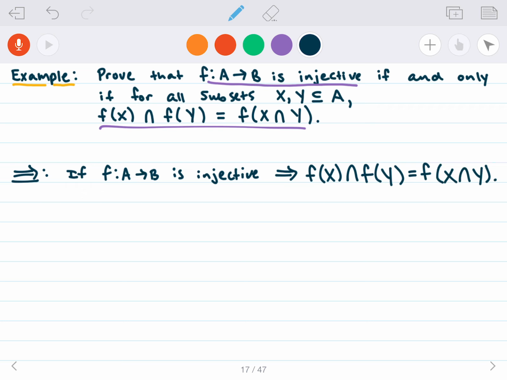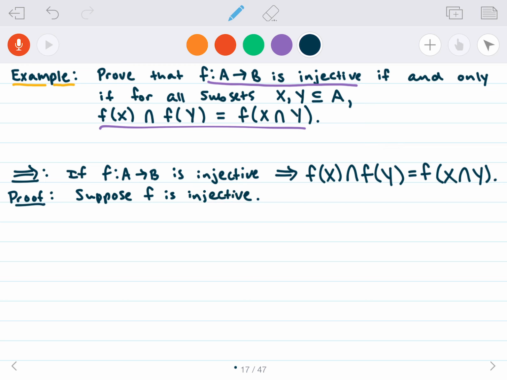So let's go ahead and do that. We start with our assumption that f is injective. Proof. Suppose f is injective. Then what does that mean? Go back to your definition.